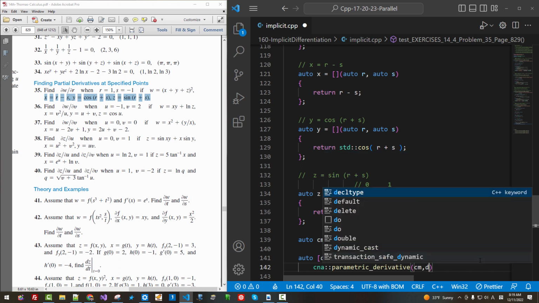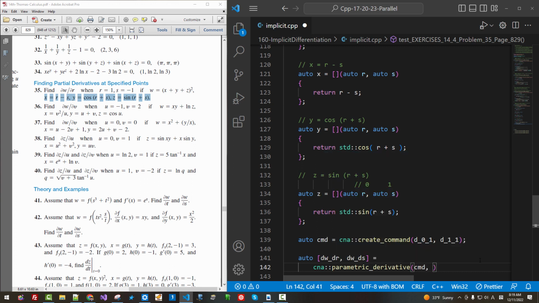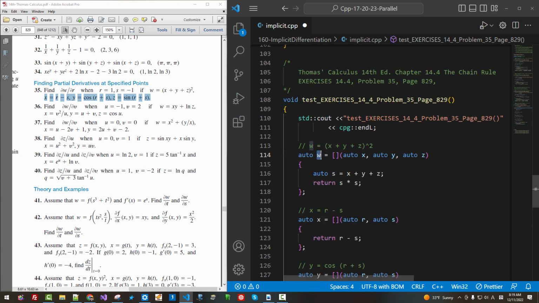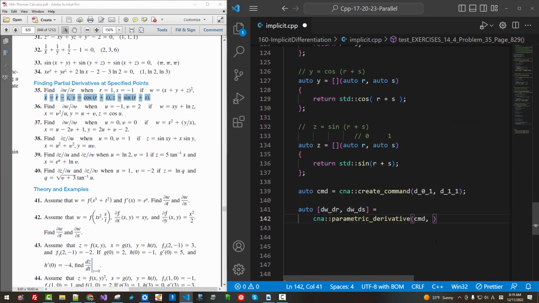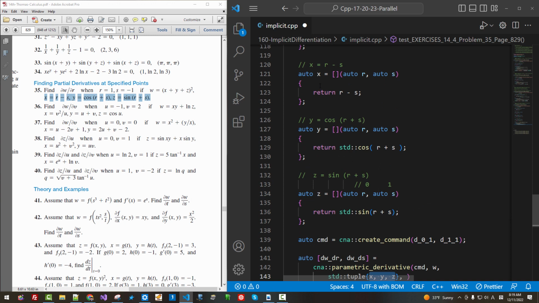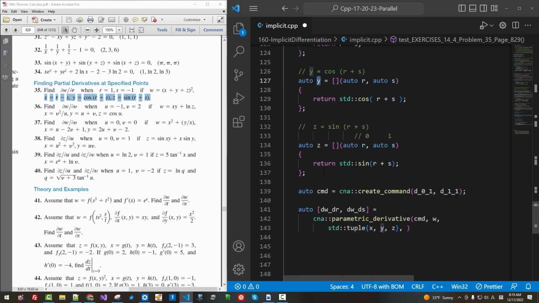We pass the command, then our main function W, then std::tuple, our variables for function W: X, Y, Z. Please understand, X, Y, Z are functions themselves.